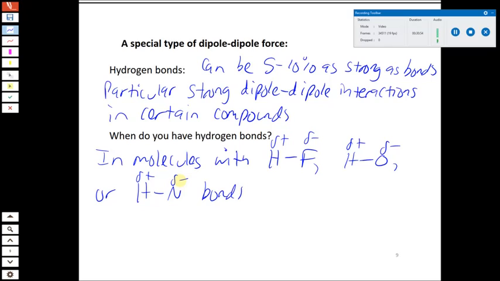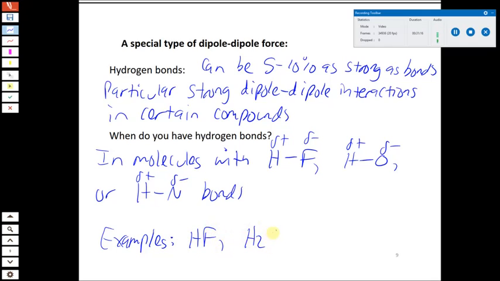Now keep in mind, this is where people often get confused. The hydrogen bond is not the covalent bond between oxygen and hydrogen, or nitrogen and hydrogen, but the type of intermolecular force that exists when these types of molecules interact with each other. Examples of compounds that exhibit hydrogen bonding would be HF.